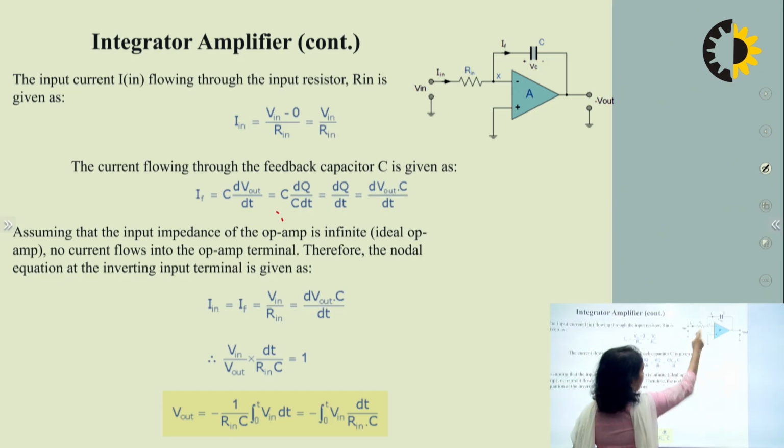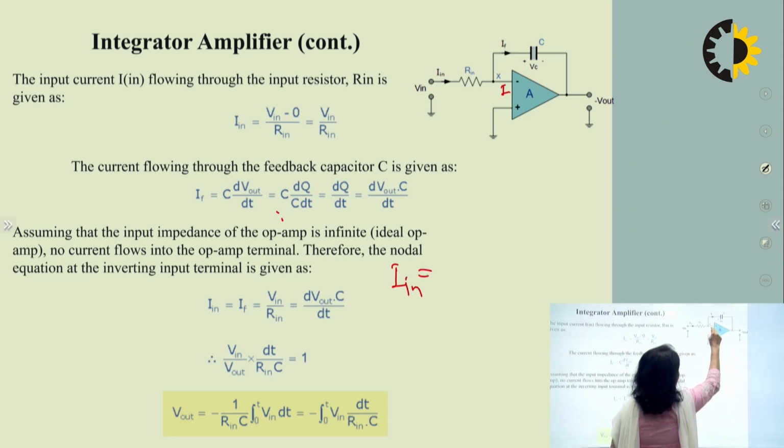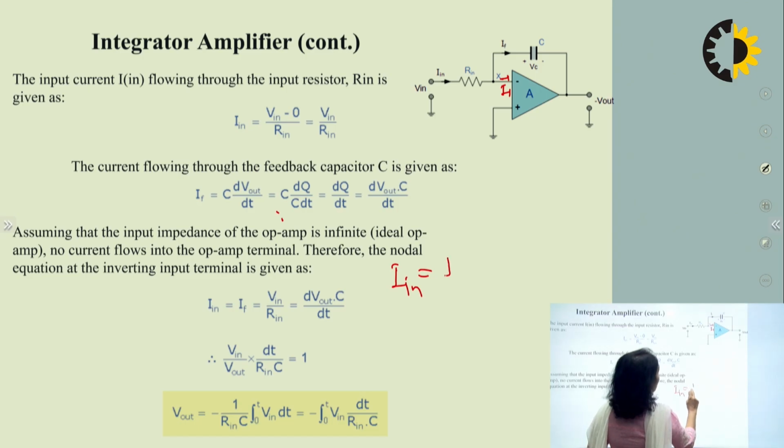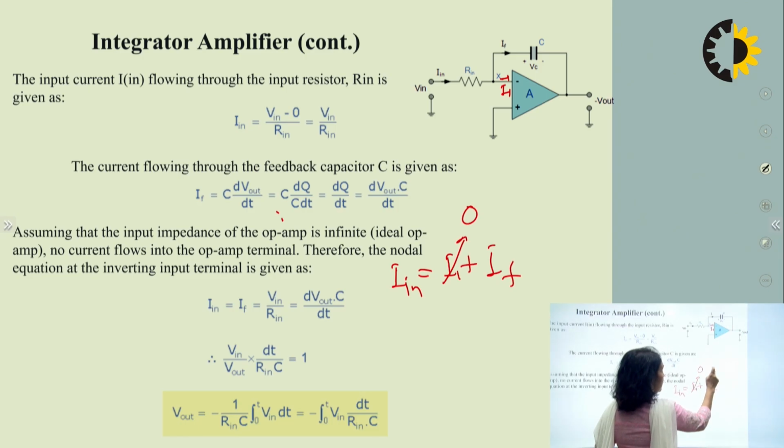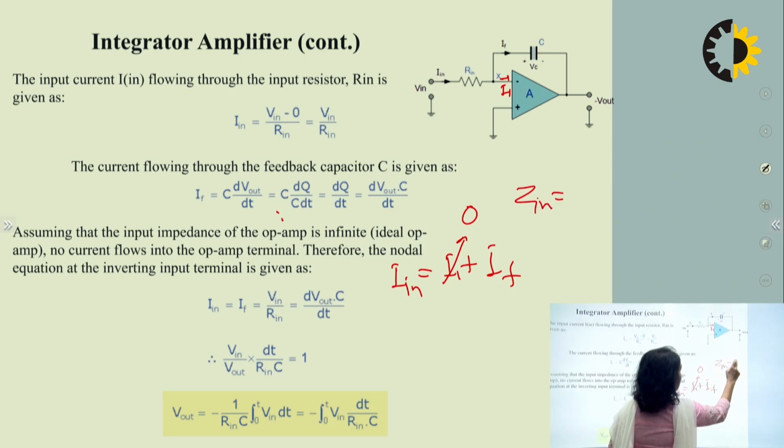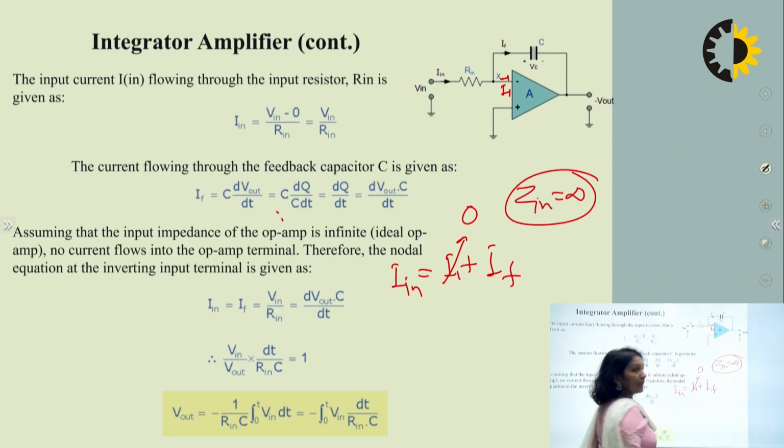Basically in this equation, if you write I input is equal to IF, and let's say this current is I1, then I input will be equal to I1 plus IF, and I1 will be equal to 0. Why? Because the op-amp input impedance is infinite.